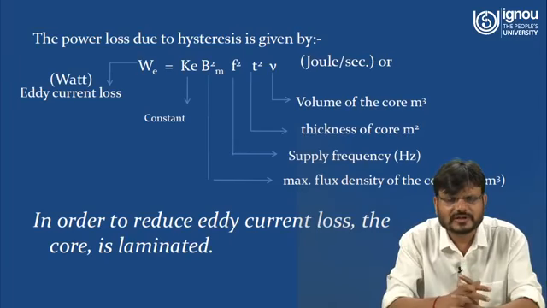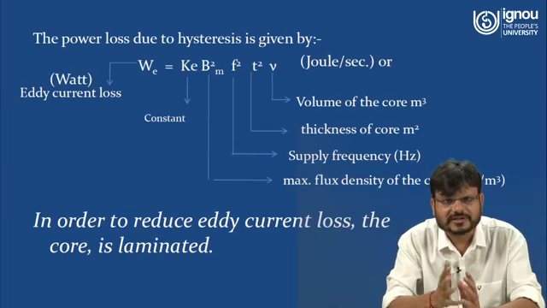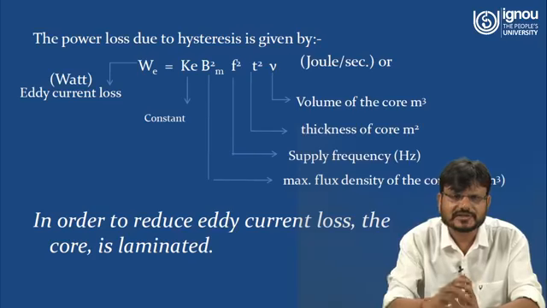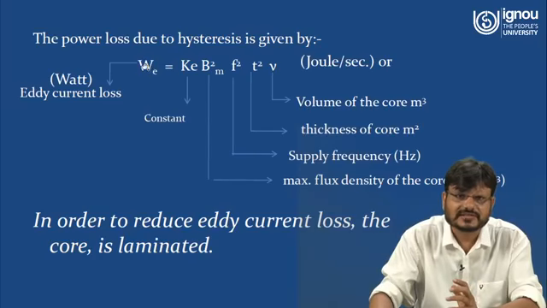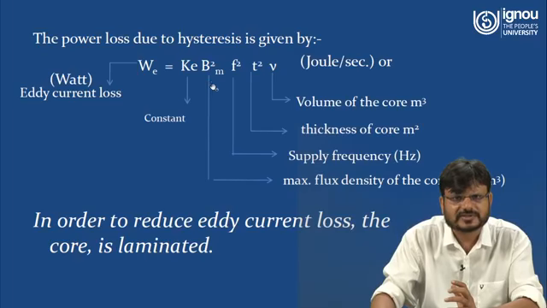Now there is a formula with different parameters on which eddy current losses depend. Here W is the eddy current losses and Ke is a constant. The eddy current losses are directly proportional to the square of the maximum flux density of the core, the square of the supply frequency, the square of the thickness of the core, and the volume of the material.